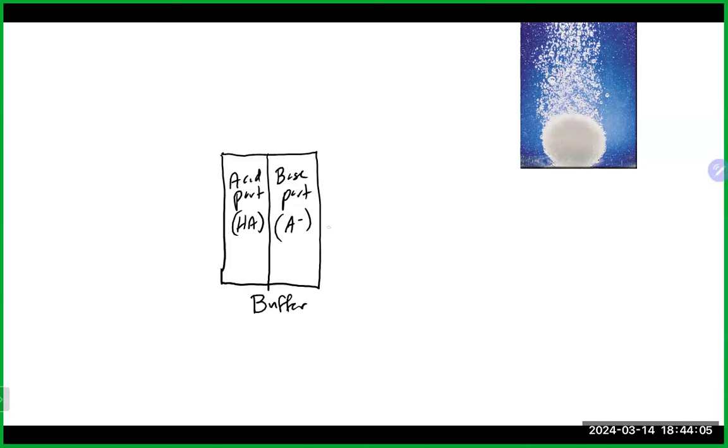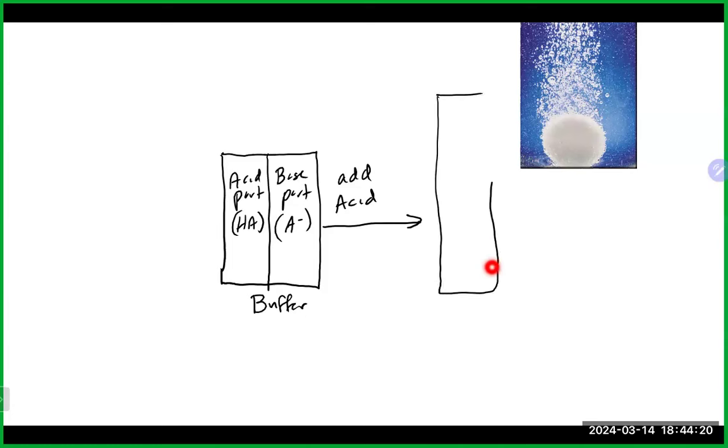And when we add acid to our buffer, we will use up some of the base part, but then again make some of the acid part. So dramatically drawn here, we will see the acid part of our buffer dramatically go up here. And we will see the base part of our buffer go down.